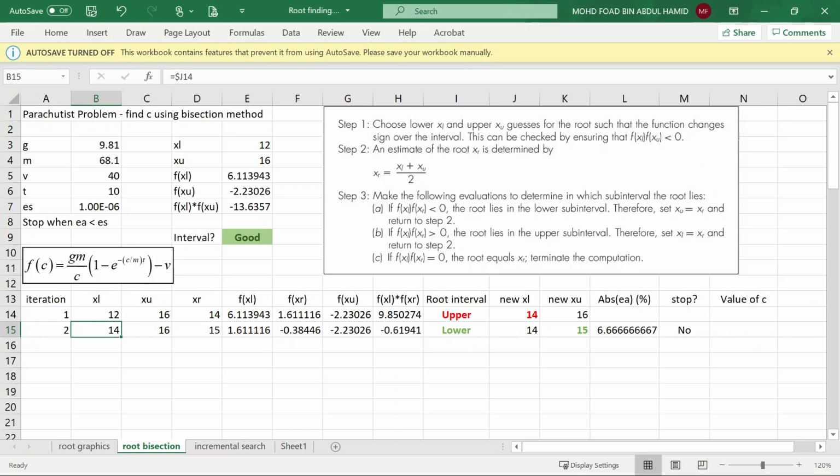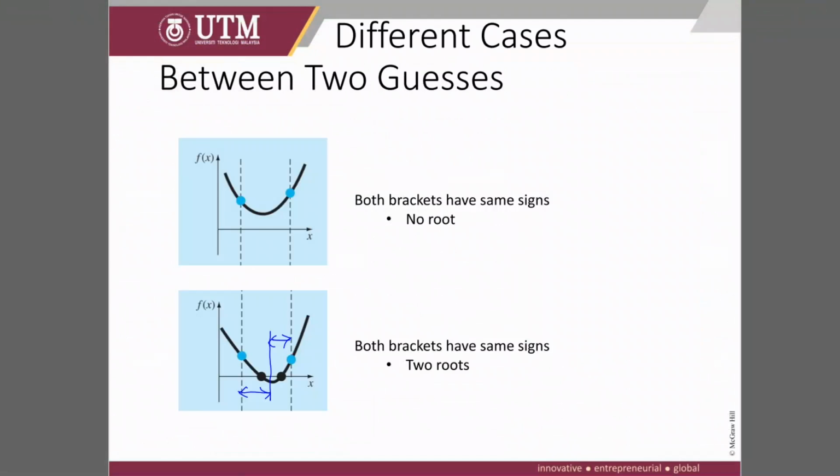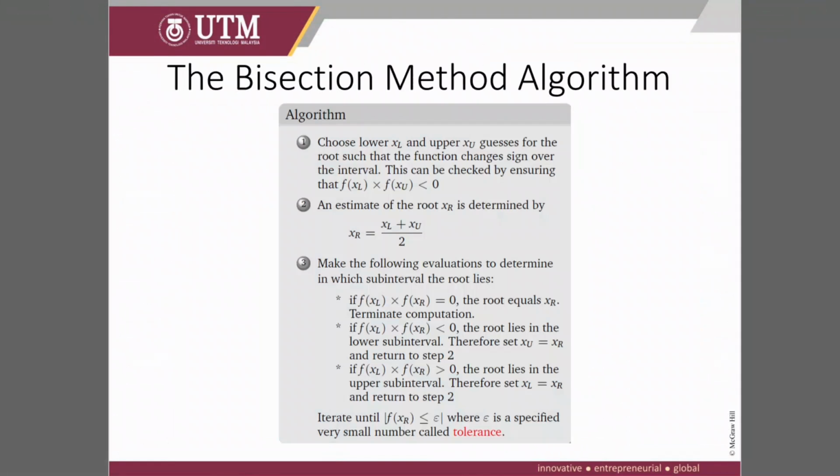Let's look at this algorithm again. We are done with step 1, so this is 12 and 16. Now estimate the root XR. An estimate of the root XR is determined by XR equal to (XL plus XU) over 2.